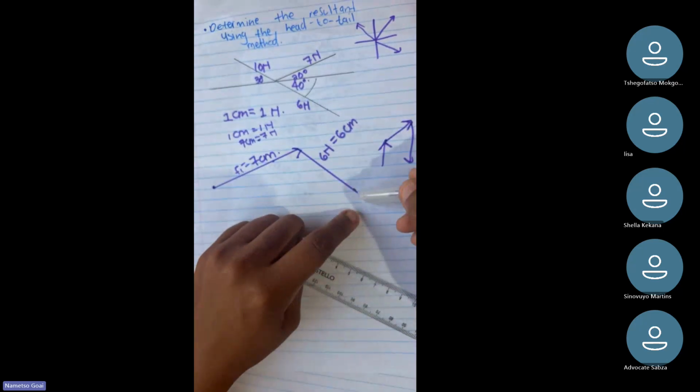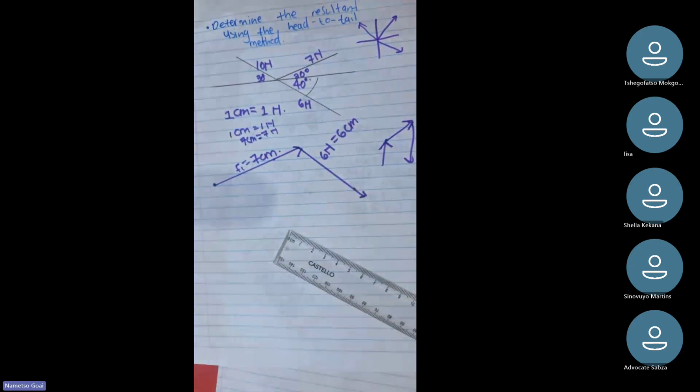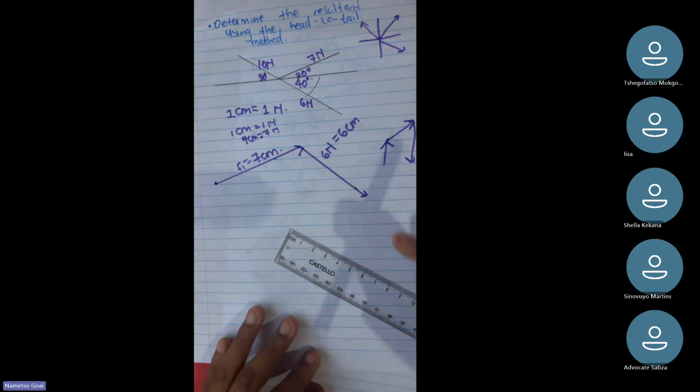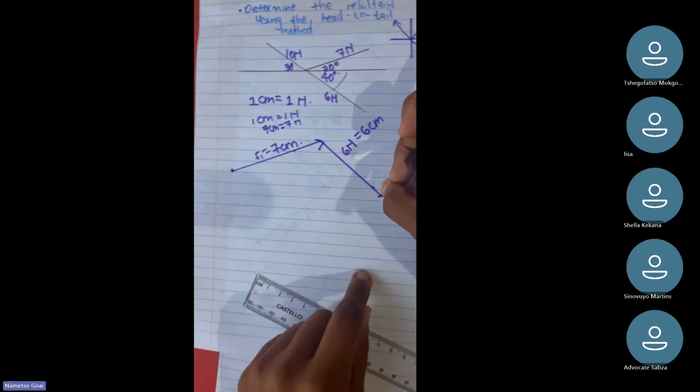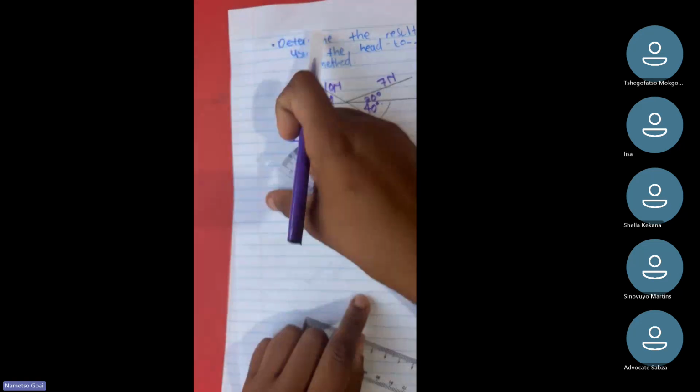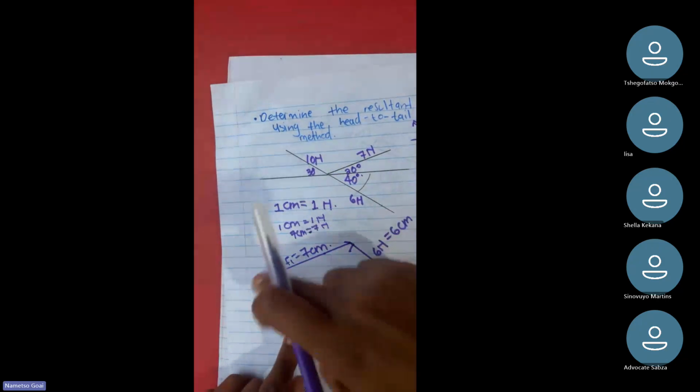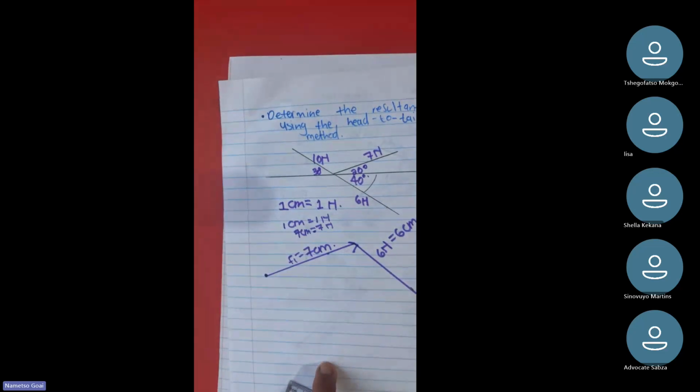So still here, we'd have the tail of the next force. Either you could start the tail here and have the head somewhere over here, or you could have the head of the 10 Newton here, the tail somewhere over here, right?